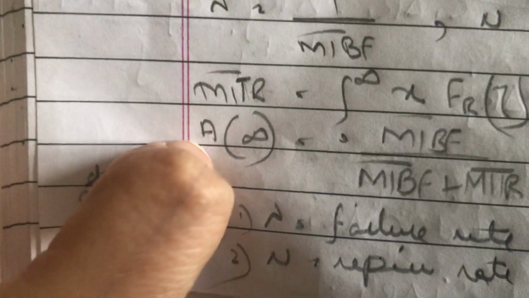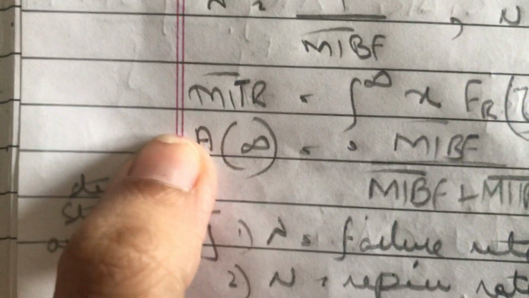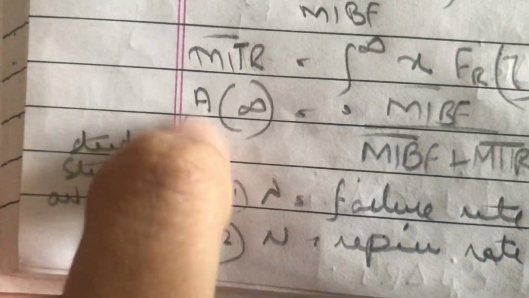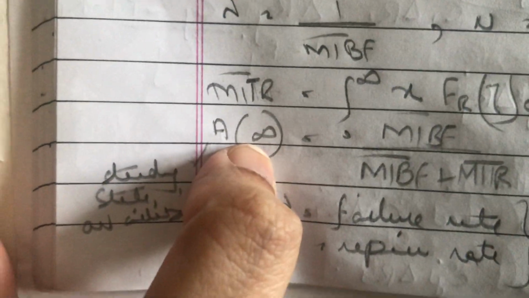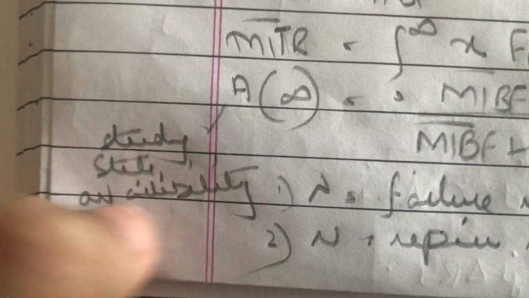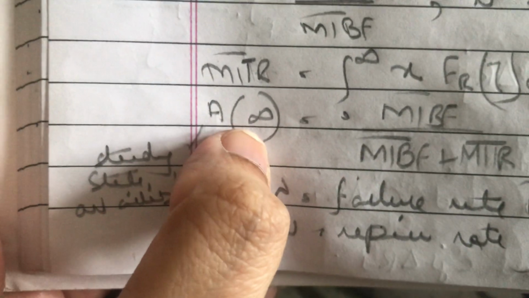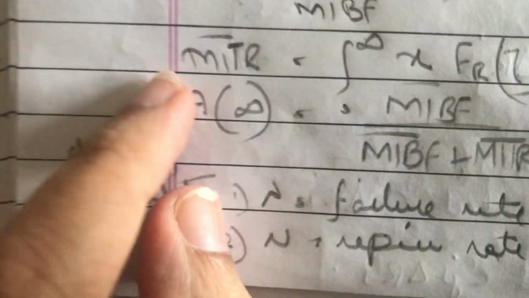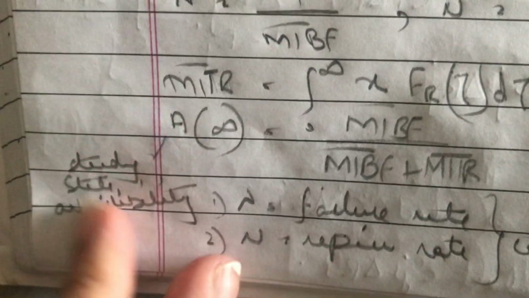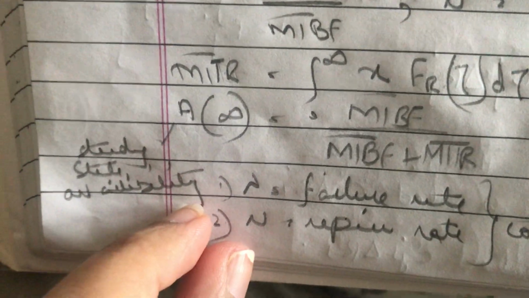And we have another thing, availability. What is this availability here? Availability at time infinity means that the time is at infinity. A is represented as steady state availability. When the limit of time is infinity, that is called steady state availability.